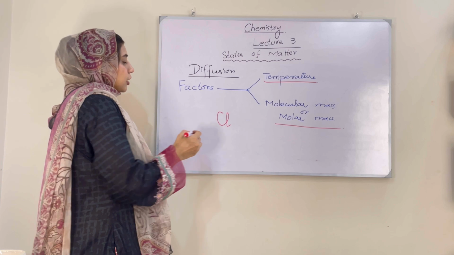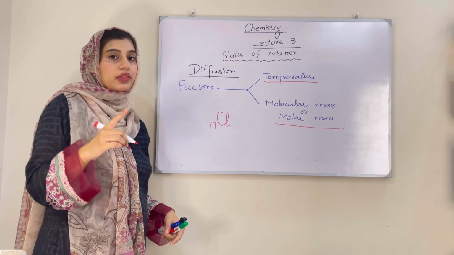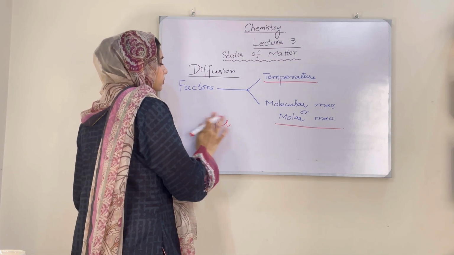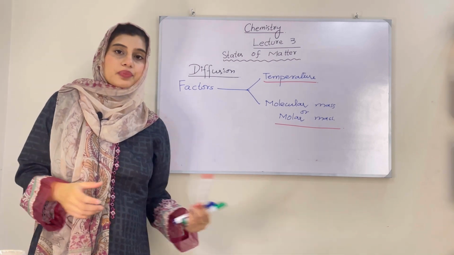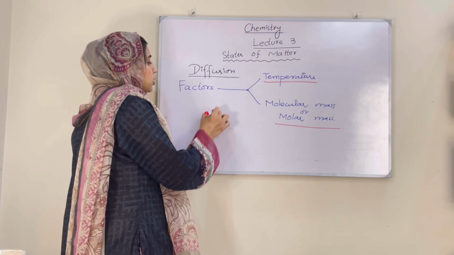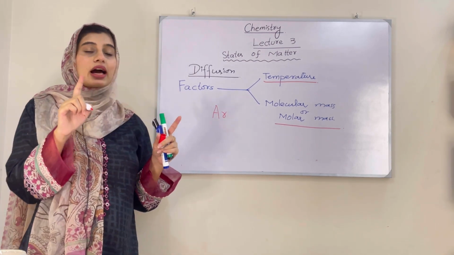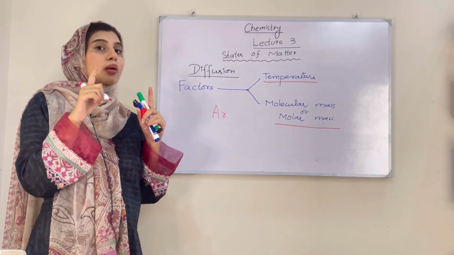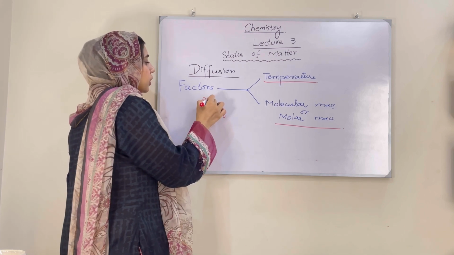Chlorine has atomic mass and atomic number. I am going to give you an example from your periodic table. For example, you have argon, which is a gas. You will have the atomic mass and atomic number of that particular element. So atomic number will be 10, atomic mass will be 20.